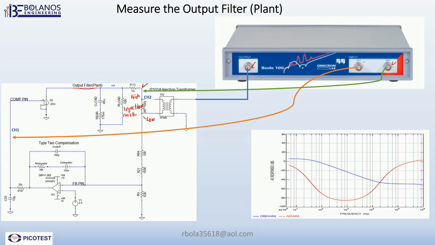And then channel 1, we're going to connect it to the COMP pin of the PWM, right there. And once you connect it, then you should get a waveform looking like that. Here you can clearly see the pole, and you can see the 0 here.